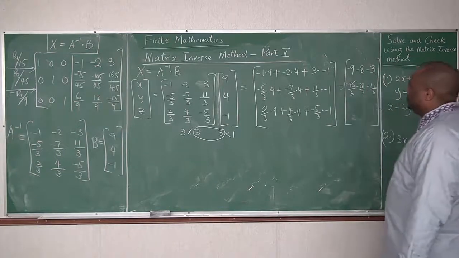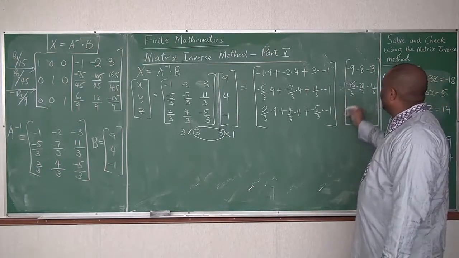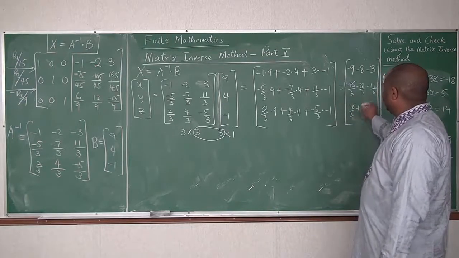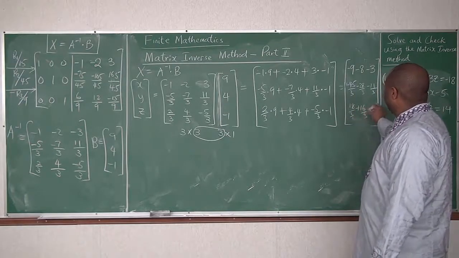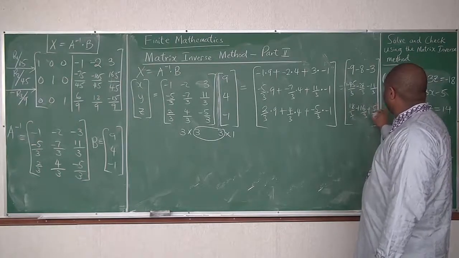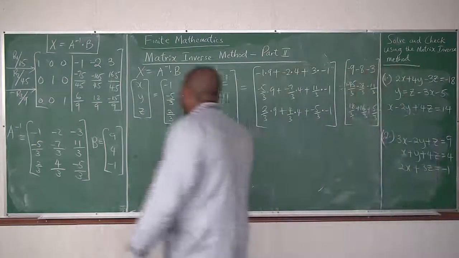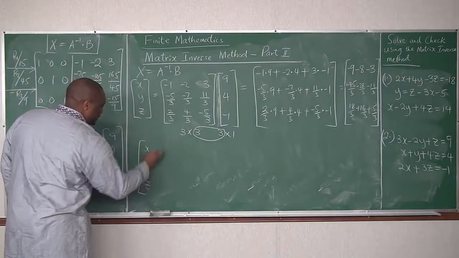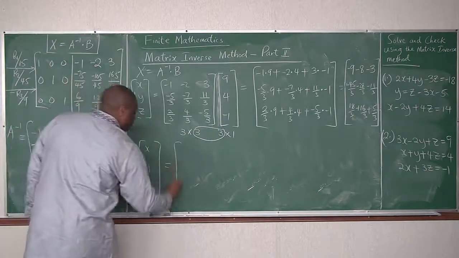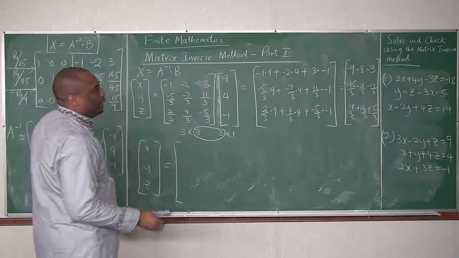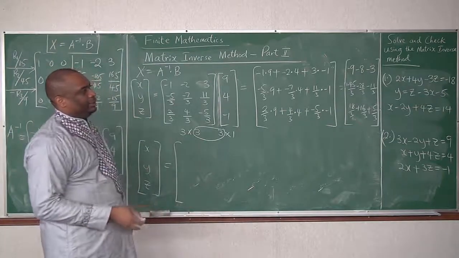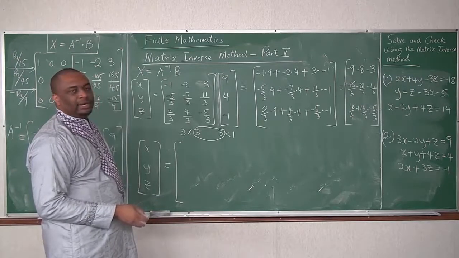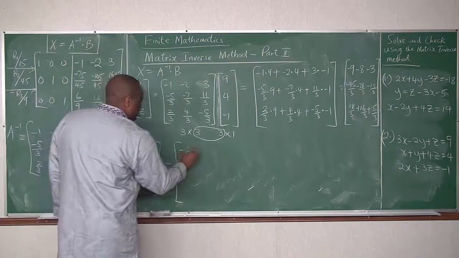Then third row, this will be 18 over 3 plus 16 over 3 plus 5 over 3. Alright, so we now have that x, y, z is equal to minus 9 minus 8 is minus 17, minus 17 minus 3 is minus 20.